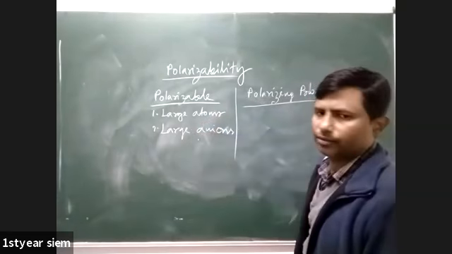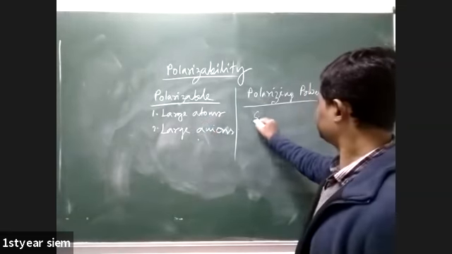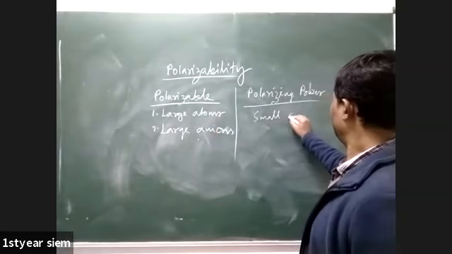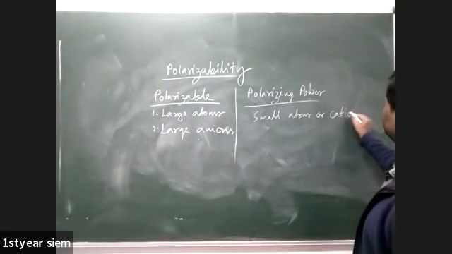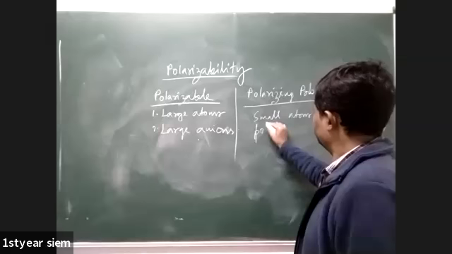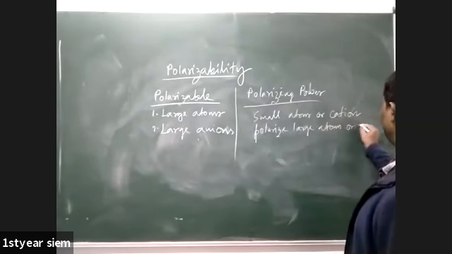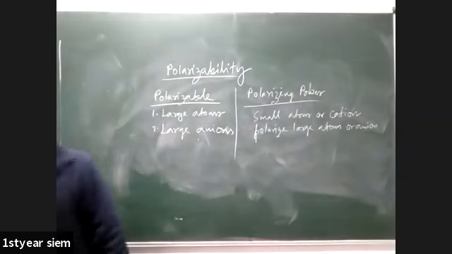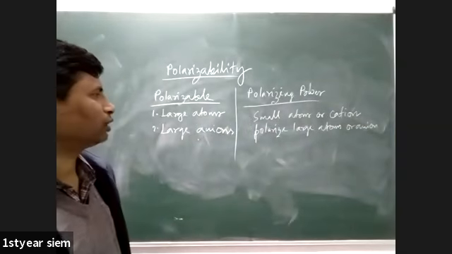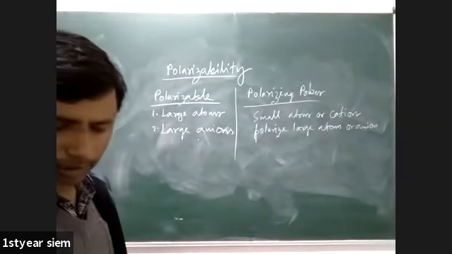Polarizability is for large atoms, but small atoms or cations polarize large atoms or anions. That is called polarizing power. Small atoms or cations polarize large atoms or anions. That is called polarizing power.